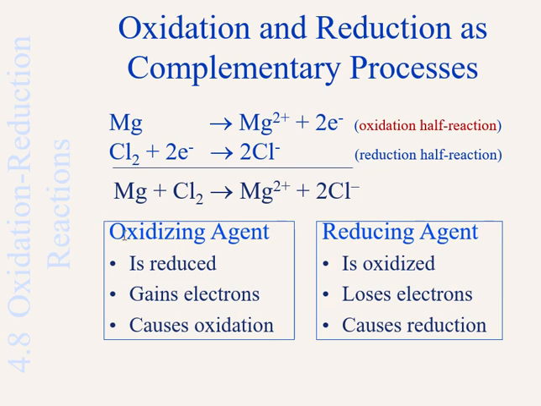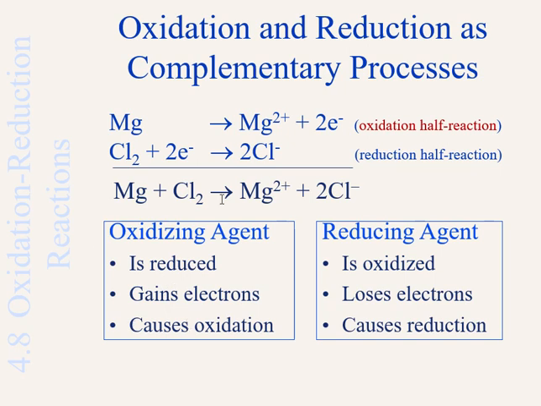Now there is another terminology that's applied to oxidation reduction reactions, and that's about having something called an oxidizing agent and a reducing agent. An oxidizing agent is some reactant which itself gets reduced, and when it does get reduced, it gains electrons and it causes oxidation.